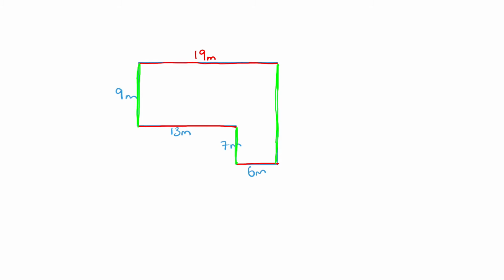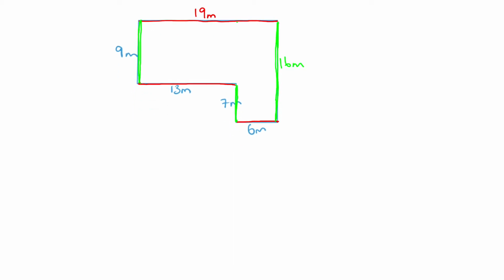So we'll just work that one out by realising that if we took this 9 centimetre line across to here, it would add to the 7 centimetres here, and that would give us this whole length down here. So 9 and 7 make this one here. So that makes that one 16 metres, doesn't it?